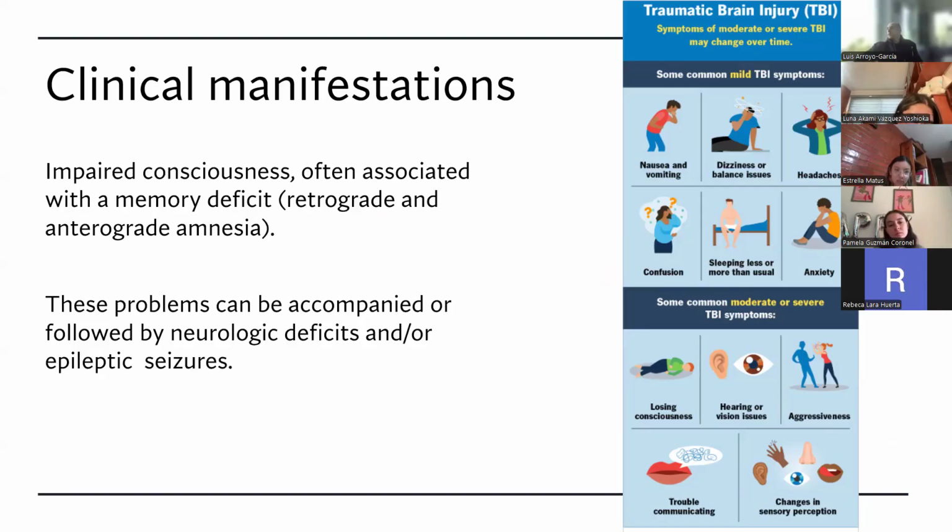Here it's showing for TBI, if you have the hit, you have nausea, vomiting, dizziness, balance issues, headaches, confusion, sleeping less or more than usual, and anxiety. And when it's more severe, we have loss of consciousness, issues in hearing and vision, trouble communicating, and changes in sensory and perception. These are part of how we detect how bad the hit in the head was.